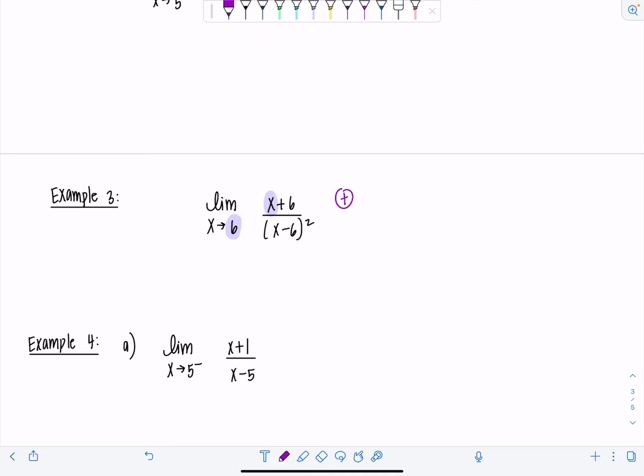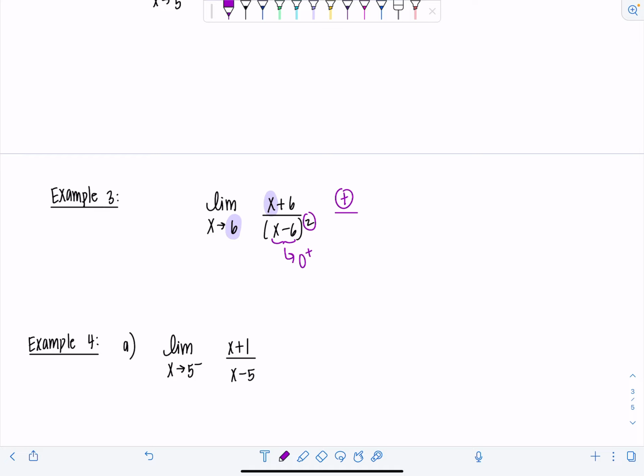Very good. And then notice again in the denominator, as x approaches 6, 6 minus 6 is approaching 0. But since we're squaring that quantity in the denominator, it's always going to be approaching 0 through positive values. So I don't really need to worry whether or not it's from the left or the right. I know the sign of the denominator will always be positive.